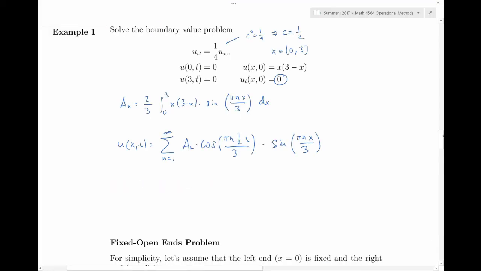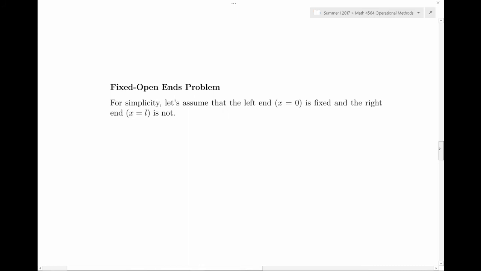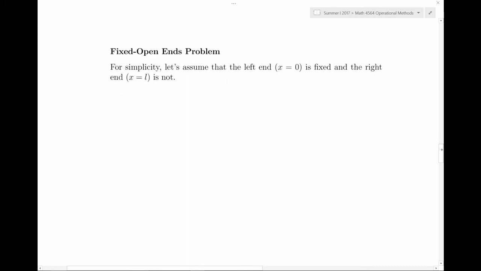Okay, let's look at a different problem. Now when we have one end fixed and another end open. Since these two conditions are symmetric, I'm going to derive the equations for only one of them. I'm going to assume that the left end is fixed and the right end is not.